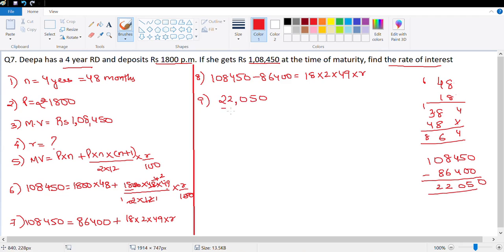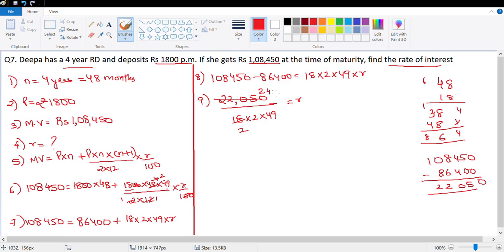So 22,050 divided by 18 into 2 into 49 would be the value of R. Let's go ahead and divide. So this is 2 plus 2, 4 plus 5, 9, which means divisible by 9. So 9 into 2, 18. And this is 9 into 2, 18. That's 40, which means 9 into 4, 36.